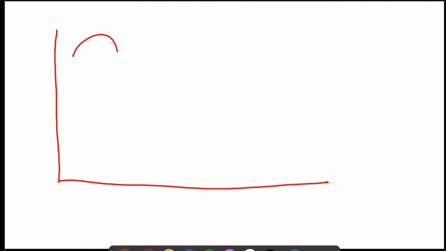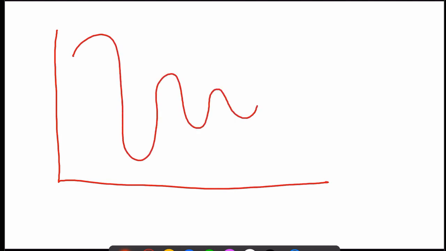The other thing that's important here is, let's suppose we have a function that looks like this. Suppose we have a function that looks like that. What do we know about this function? Well, we're going to have a bunch of points that are maximums.